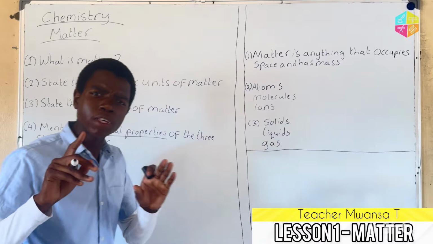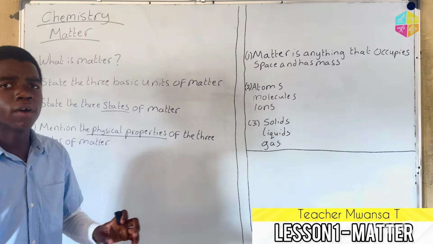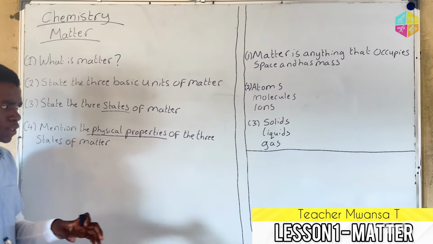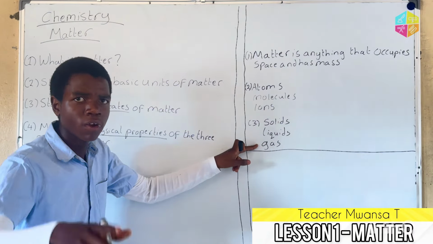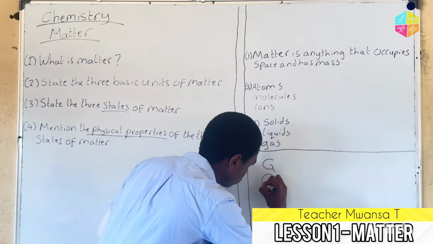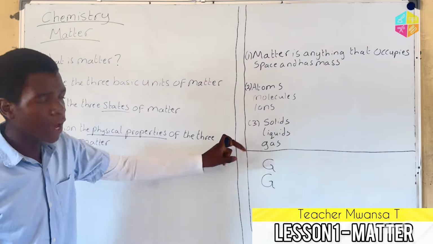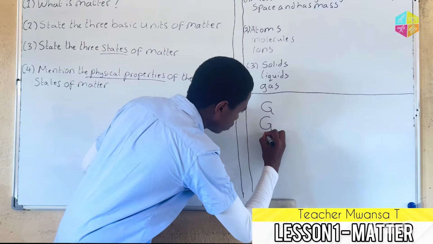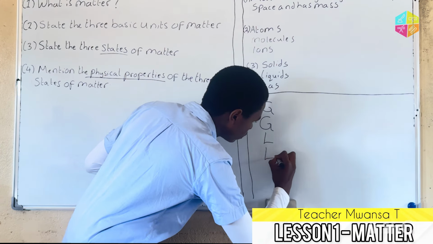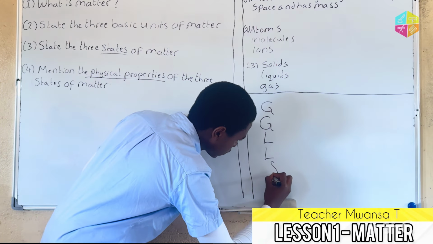The first step is to identify the three states of matter: solid, liquid, and gas. Talk about gas first. Write the letter G, another G, just two G's. Then look at liquids, write L, another L, and lastly look at solids, S and S.